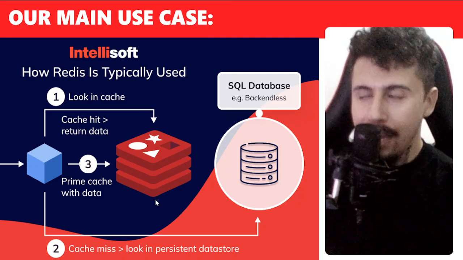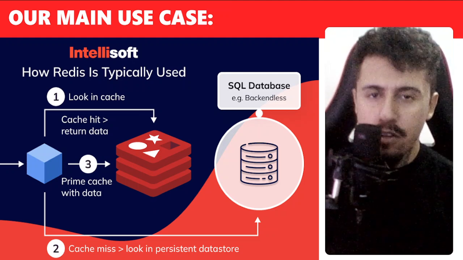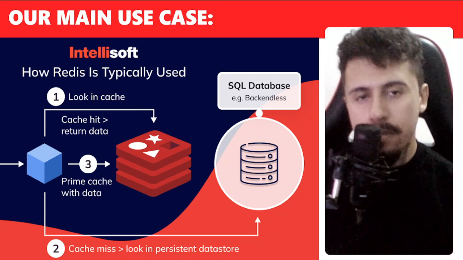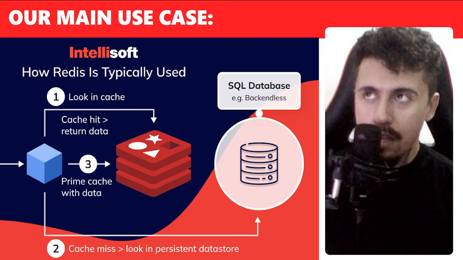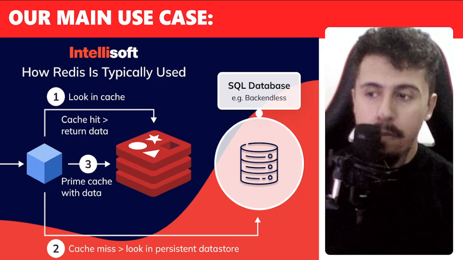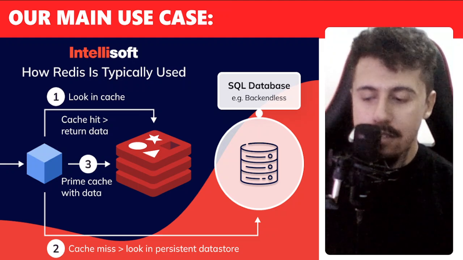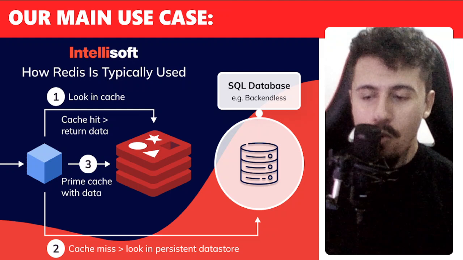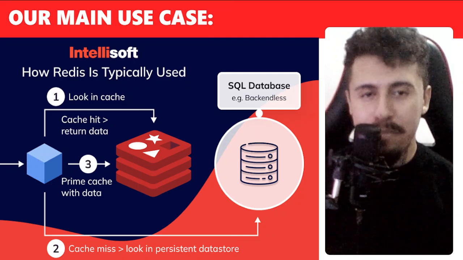In fact, there are many techniques to keep your caching layer up to date. And maybe you are wondering now, if I have to populate the cache and apply techniques to keep my cache up to date, why do I have to use a database?